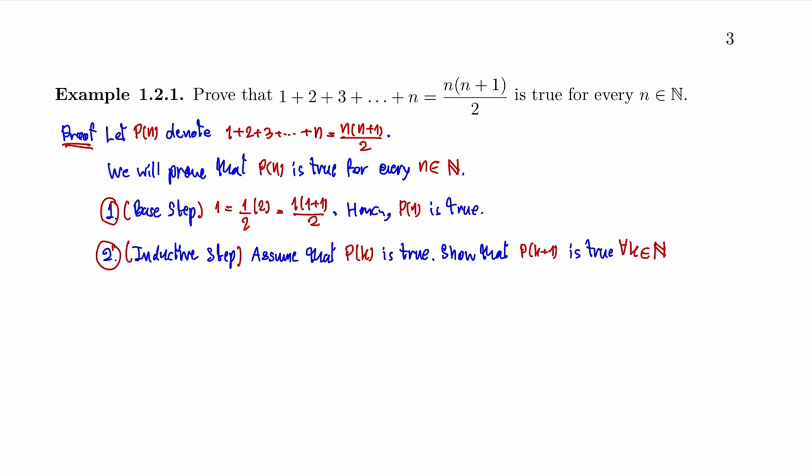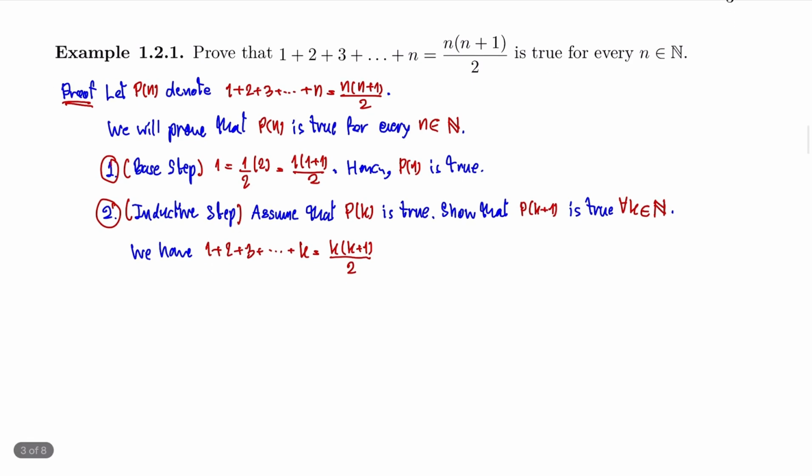All right. What can we do? Once we assume that Pk is true, we will have 1 plus 2 plus 3 all the way to k equal to k times k plus 1 over 2.